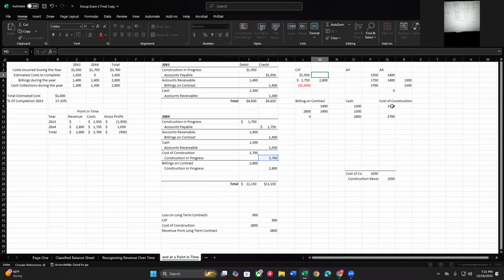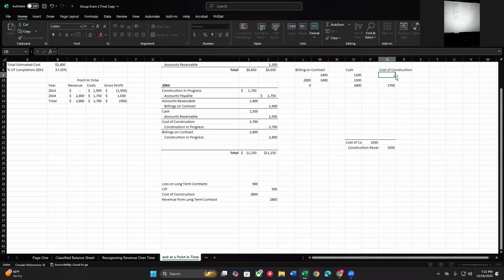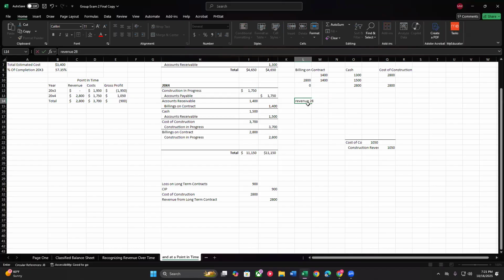I can't see what I'm showing at all, but there's this cost of construction here, which is 37. We have a missing debit right here of 900, so I think that's where that needs to go. Yeah, and then our revenue would be 28, which makes sense. It matches.